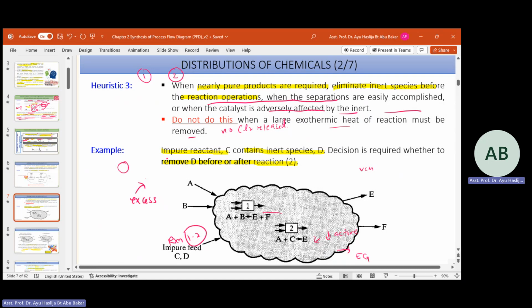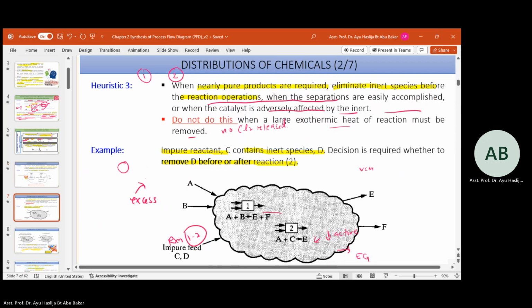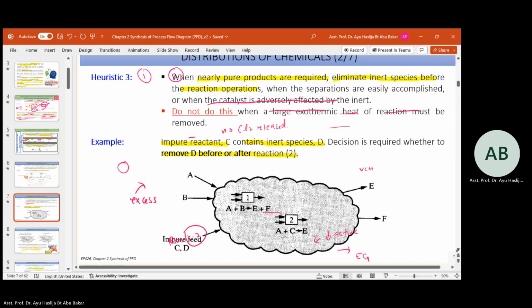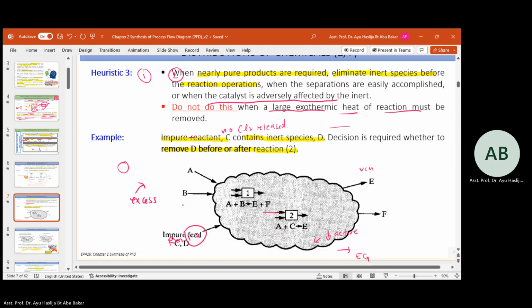Now, what does it mean here? Let's say, for example, we have A and B as the feed, E and F as the product.